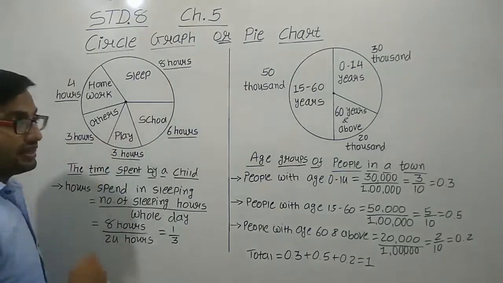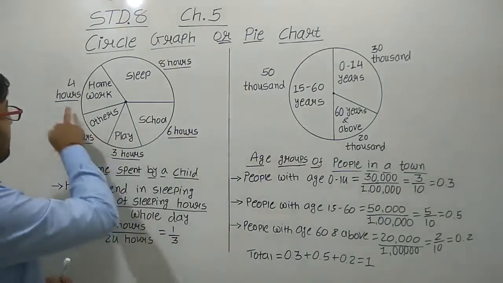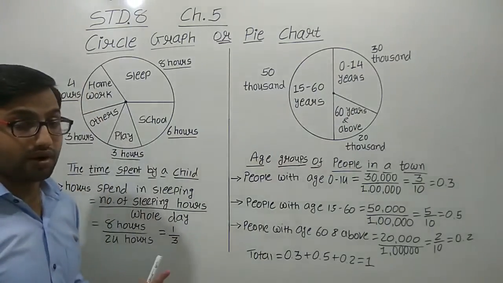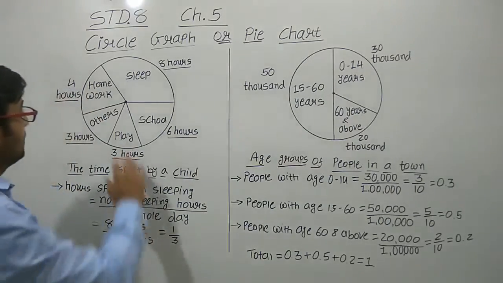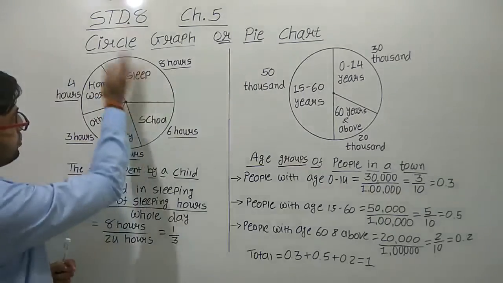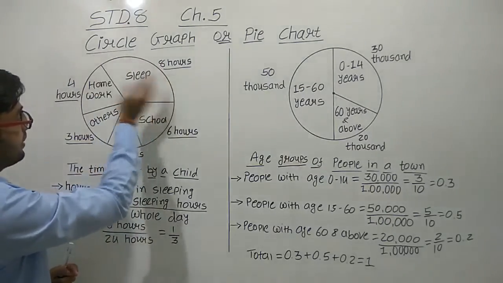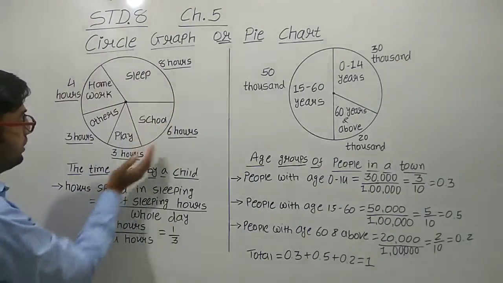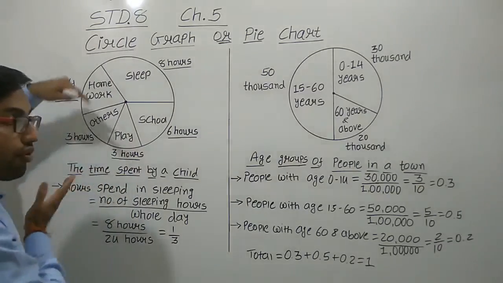That is why it is taken as others, and 4 hours is for homework, right? So now you can understand this portion represents the data of sleep, school, play, others, and homework.